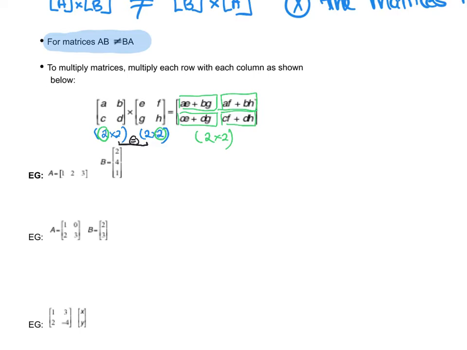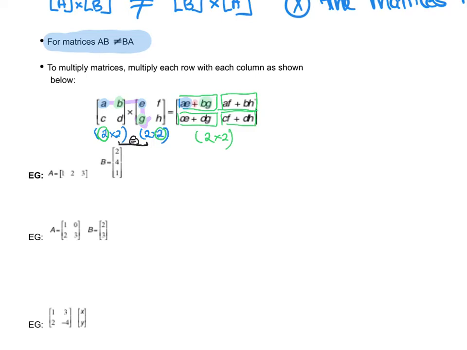All right, so can you see the way they do it when you multiply matrices is that you go, what they often say is, run and dive. So what is happening is that A is getting multiplied with E. Can you see that there? And then B is getting multiplied with G, and they're adding it together.